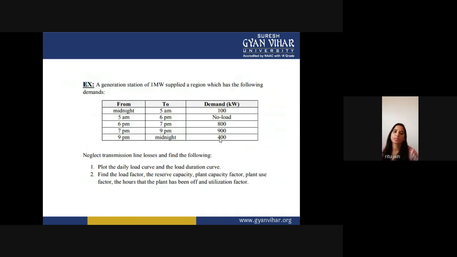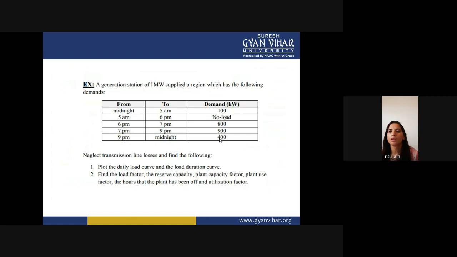Now, for one example, we can easily understand the daily load curve and load duration curve. For example, a generation station of 1 megawatt supplied a region which has the following demands.